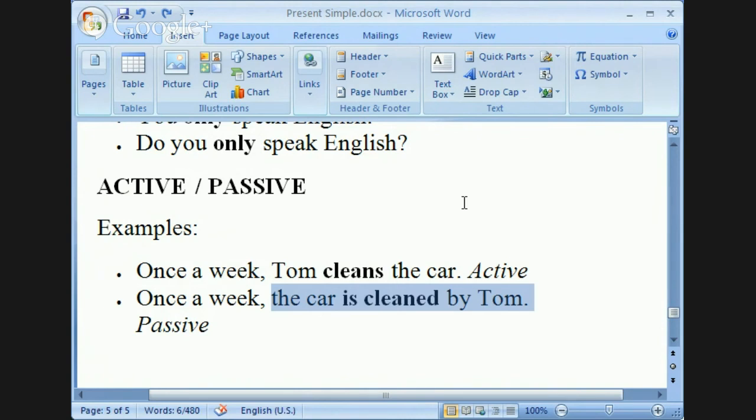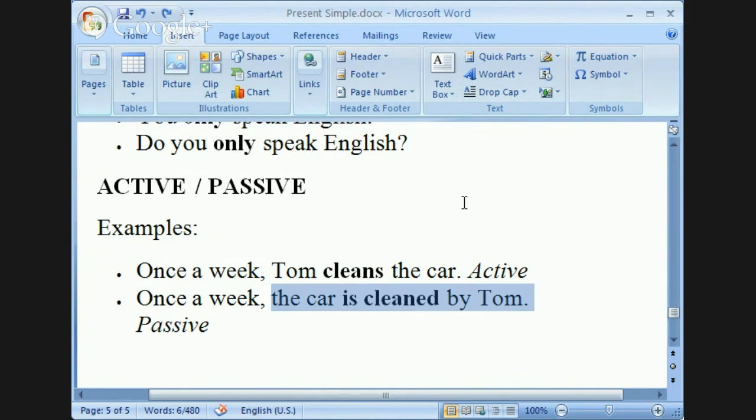The tree. Okay. The tree is cut by me. The tea is cut. Yes. The tea?